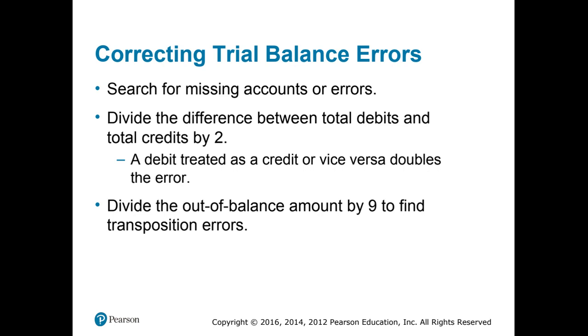All right, so correcting trial balance errors. When we search, we need to search for missing accounts or errors. And if there is an error, we have to fix it.